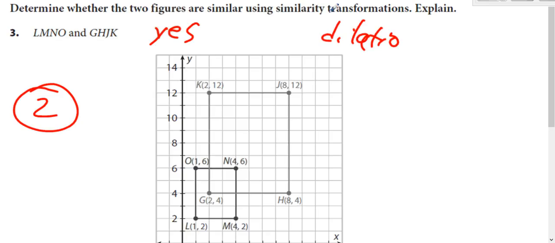The similarity transformation is a dilation with a scale factor 2. Spell it correctly. And it's centered at the origin.